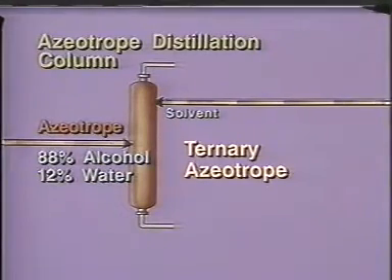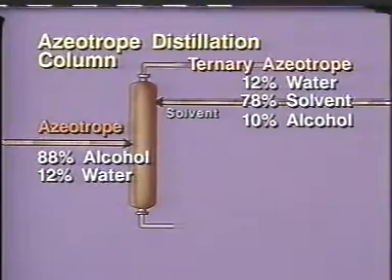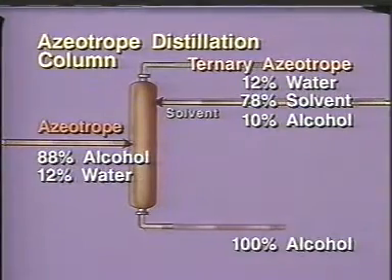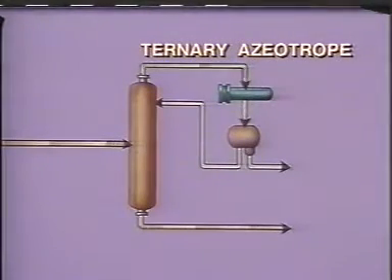The ternary azeotrope has a lower boiling point than the two-component azeotrope that entered the column, so it goes overhead. Since all of the water is in the ternary azeotrope, a dry isopropyl alcohol product can be removed at the bottom of this tower. When the ternary azeotrope is condensed overhead, it forms two different liquid phases.